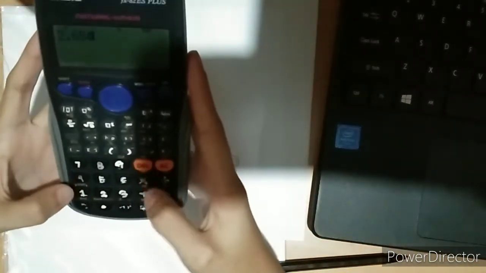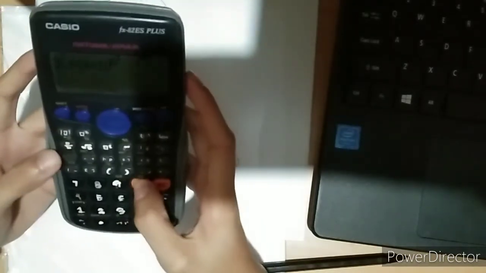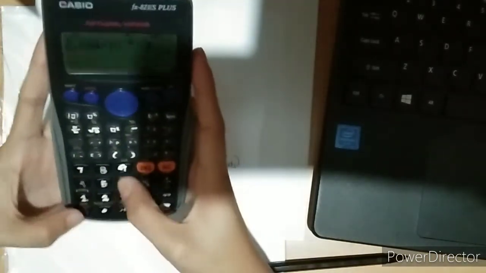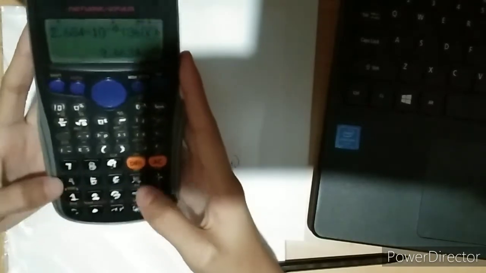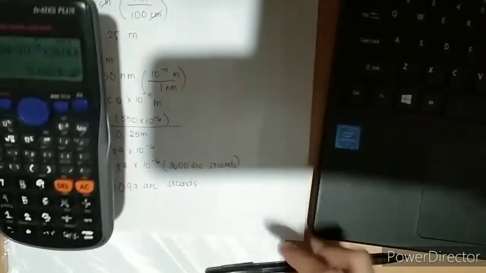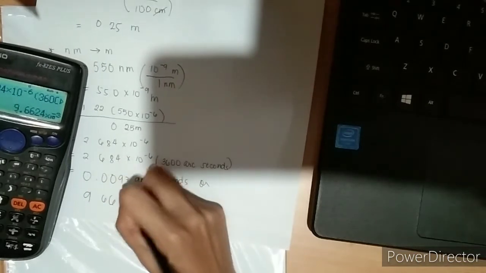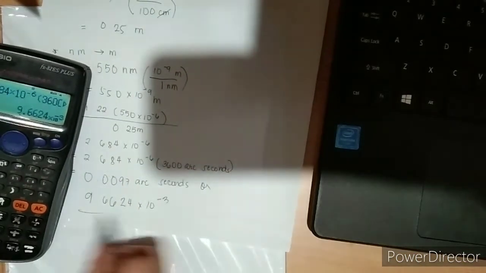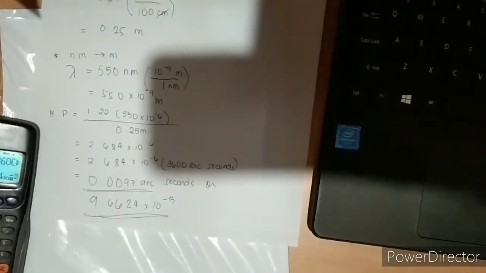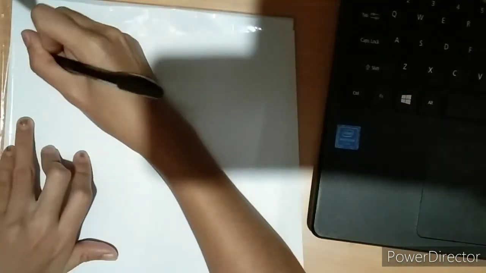Again, we will still need to multiply it by arc seconds. So, 2.684 times 10 raised to negative 6 multiplied by 3,600 arc seconds. The final answer is 0.0097 arc seconds, or 0.6624 times 10 raised to negative 3.